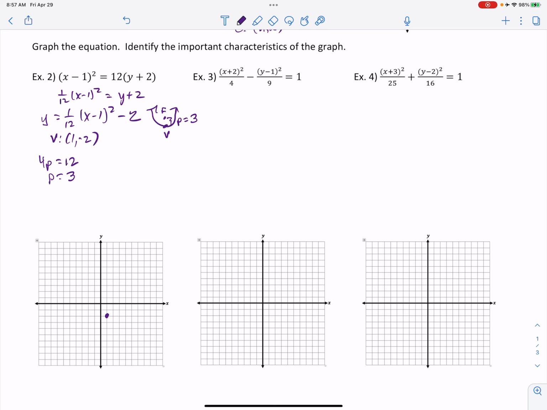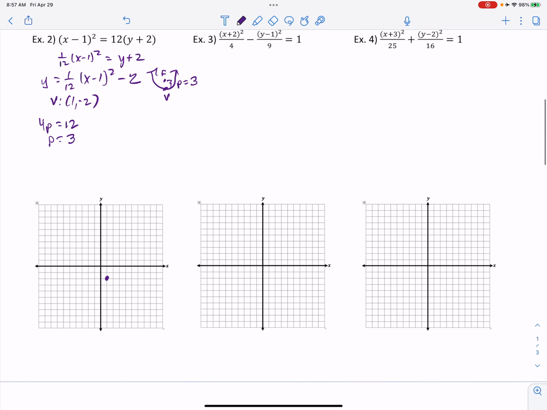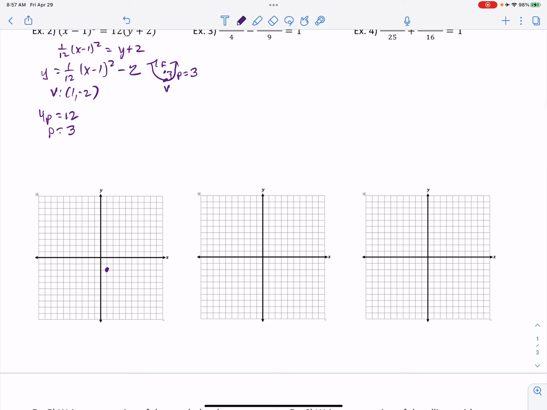And because we know it's opening up, because p is positive and it's an x squared, then I can take that vertex and I need to go straight up p units. So I add 3 to -2 and expect it to be at (1, 1). I can also just go on the graph. I'm going to go from this vertex straight up 3 units because the value of p is 3.